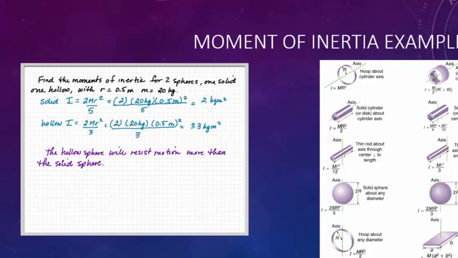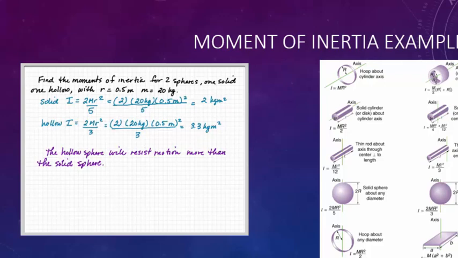So for a solid sphere, you have a moment of inertia that is 2 times the mass times the radius squared, all divided by 5. When you plug in the numbers that I picked, the 20 kilograms and the half meter radius, you end up with 2 kilogram meters squared.